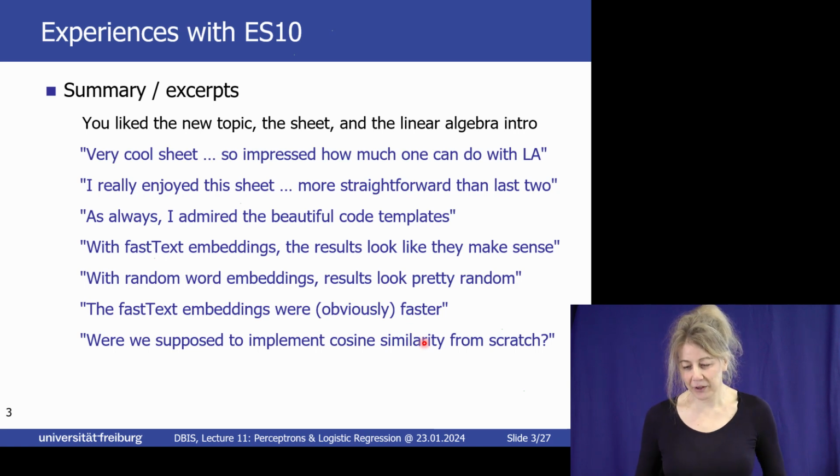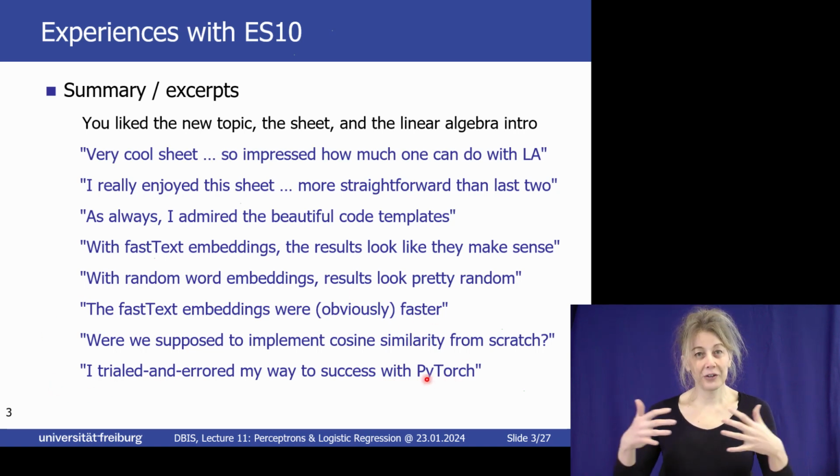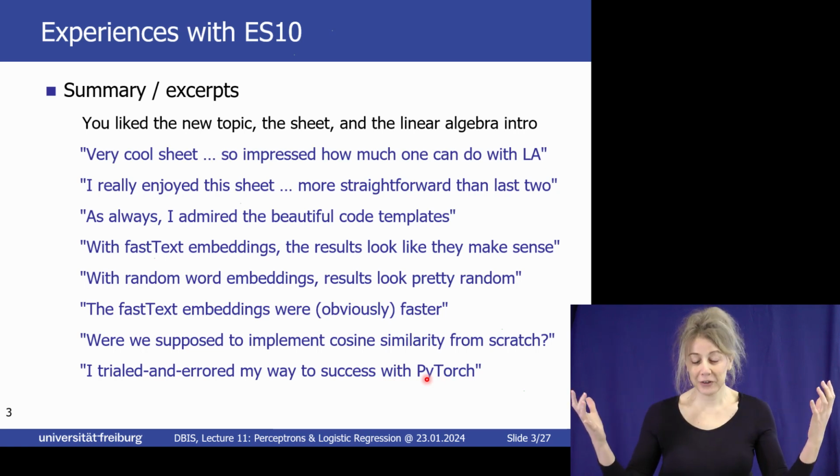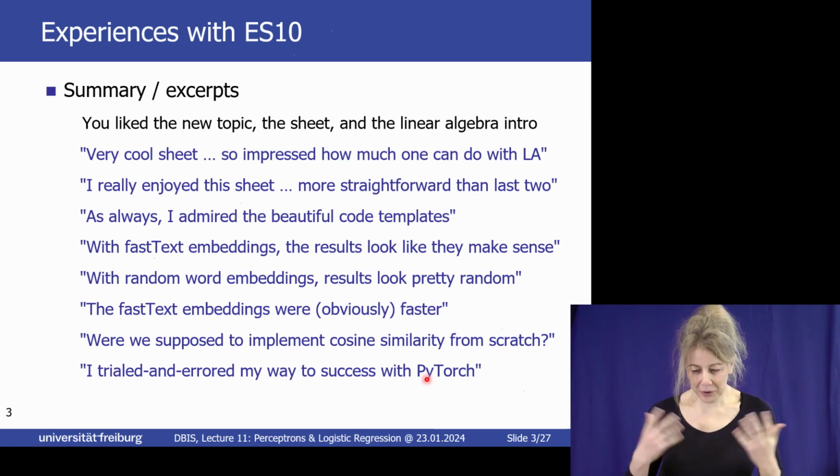You should have implemented it yourself, but if you didn't, I think that applies to some people. It was for some of you first contact with PyTorch. PyTorch is a huge library. We did provide a cheat sheet for you, but still, you have to get used to it.